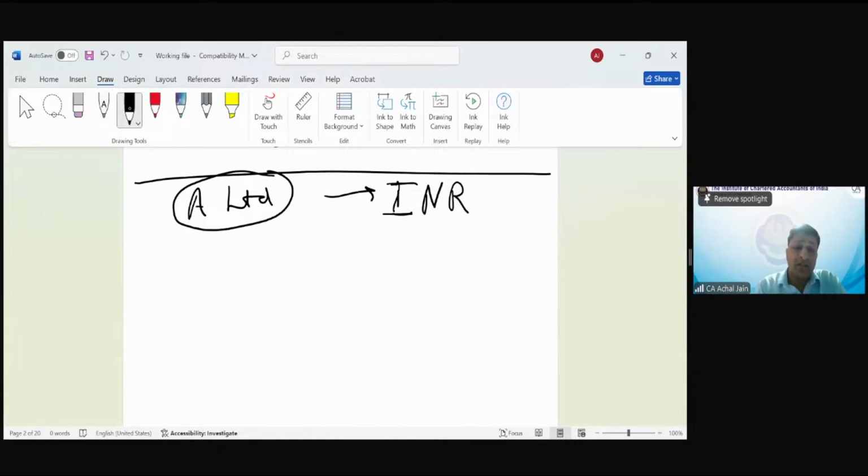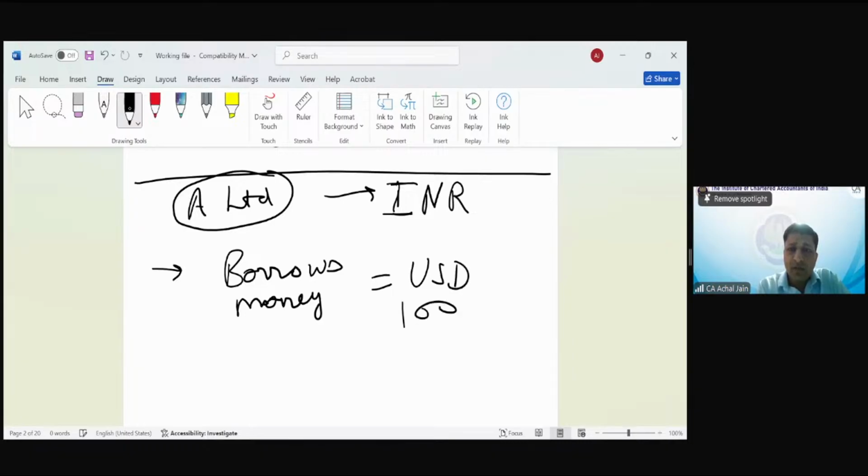Correct. Now let's suppose this company borrows some money, say in USD. Okay, so it has taken a loan of 1 lakh USD. Now, can this company record this loan amount in USD in the books of accounts?